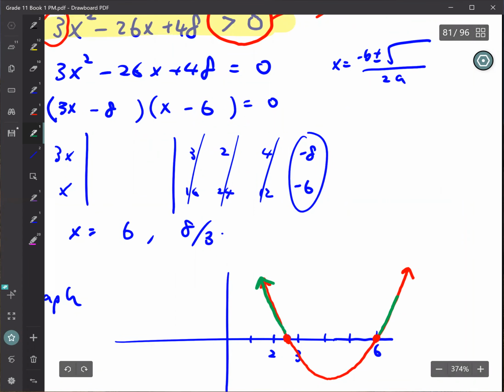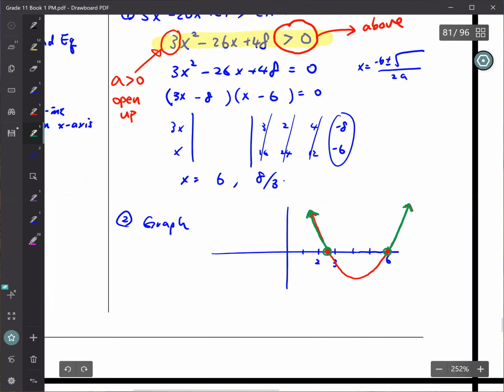This is above. We want x-intercept, so you dig an empty hole. Okay, I should be using the green color, sorry, I used the wrong color here. It'll be confusing, okay?